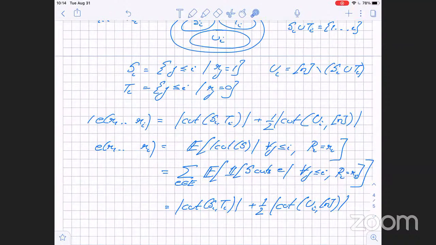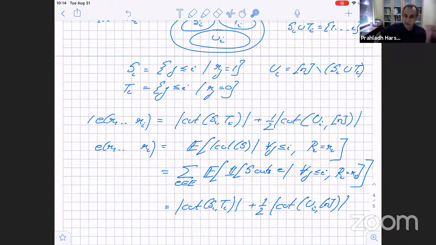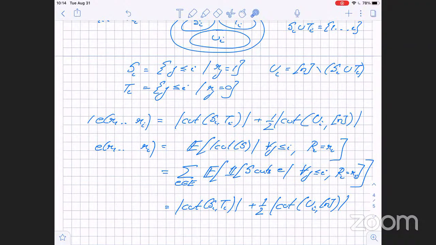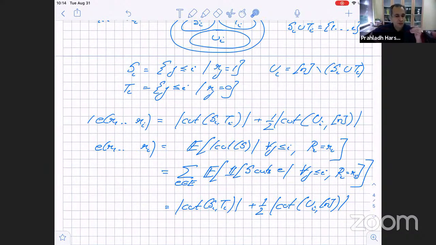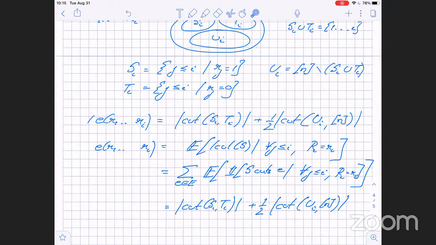Yes. And why is that cut with probability half? Just take every choice of such an edge. This edge could be completely in UI, in which case there are 4 possible choices for the endpoints. Do a case by case. There are 3 different cases you have to look at, and in all 3 it's half. That's all.